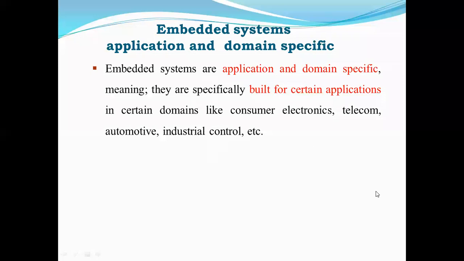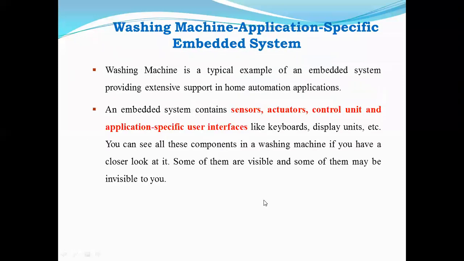So how that is designed, one example you are going to learn with respect to one application and one domain specific, right? So first we will see the washing machine, right? You all know that the washing machine is used for washing the clothes, but you don't know what is inside the washing machine, right?